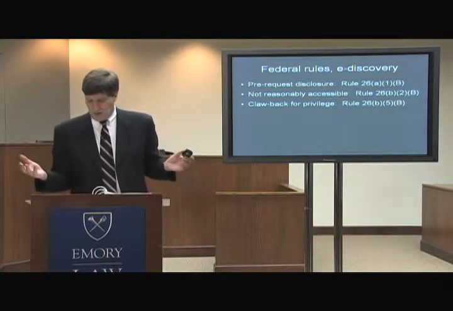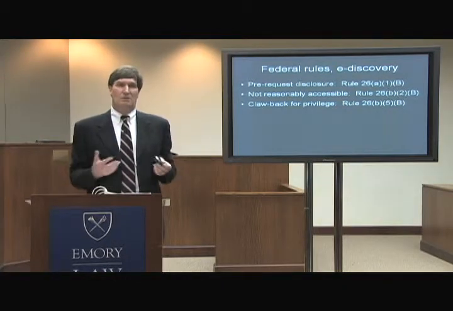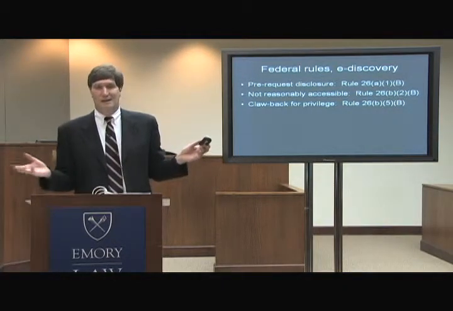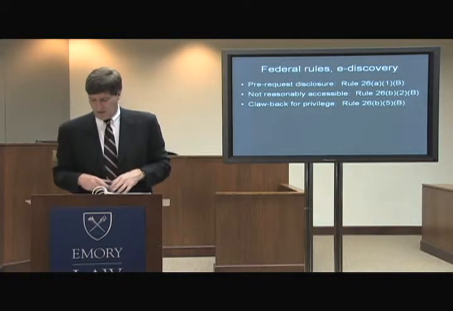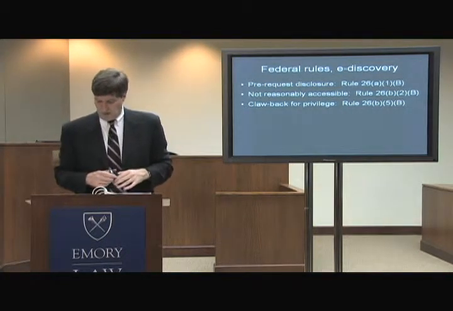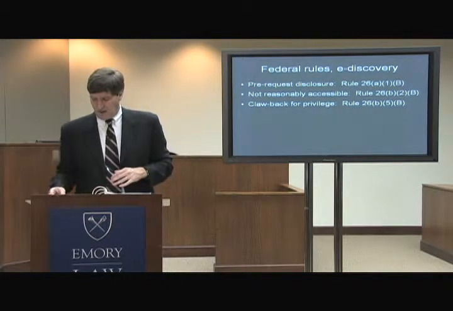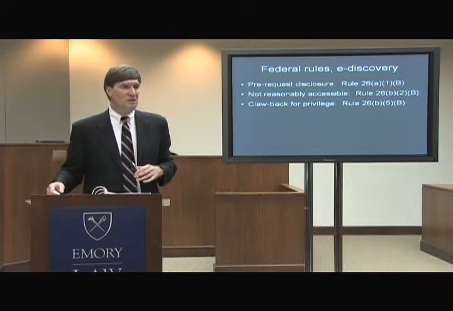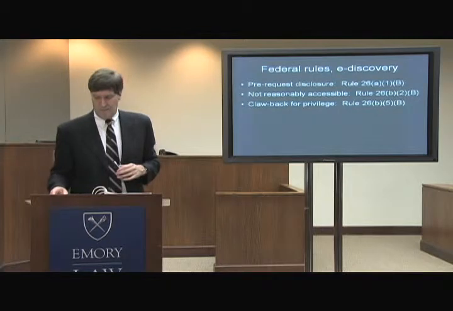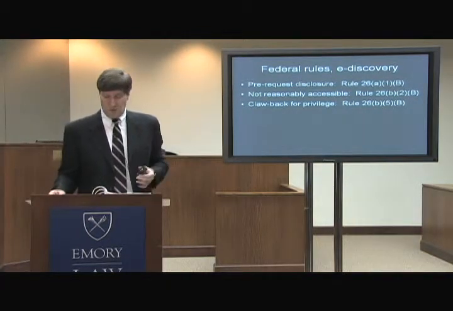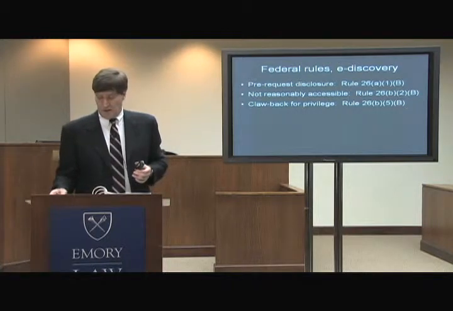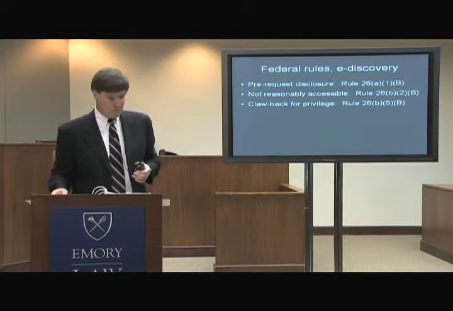So we do see that there is some leeway that's cut. Obviously, still the job of the lawyer on the front end is to make sure that it's not turned over in the first instance. But if they have turned it over after having done what's reasonable to protect the privilege, then there's a clawback provision that's provided by the rules.